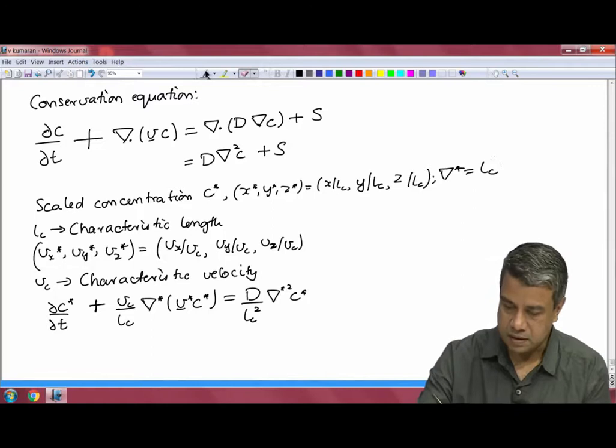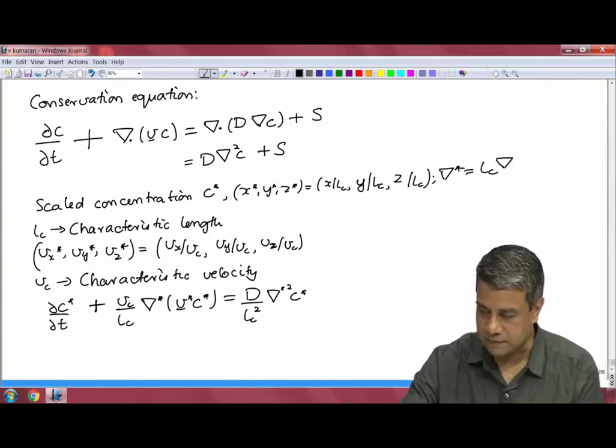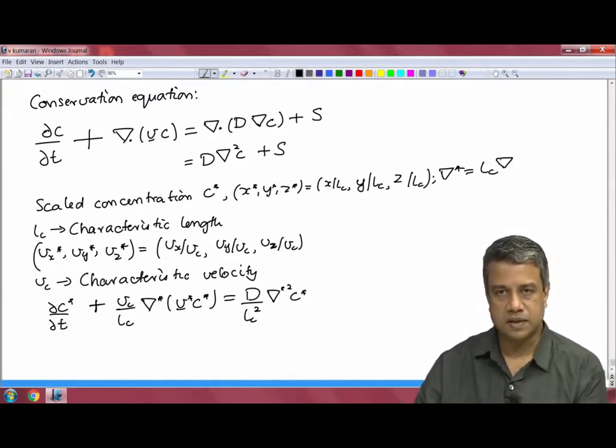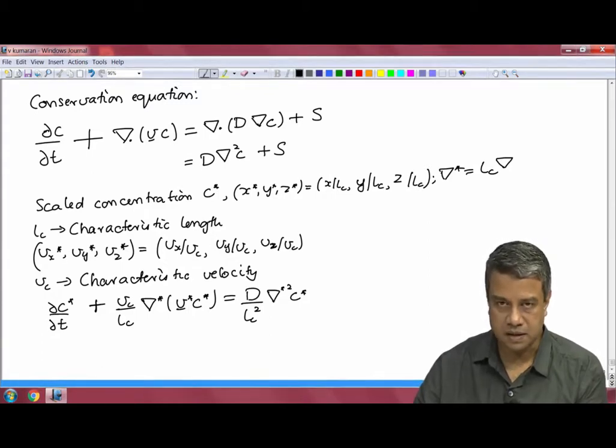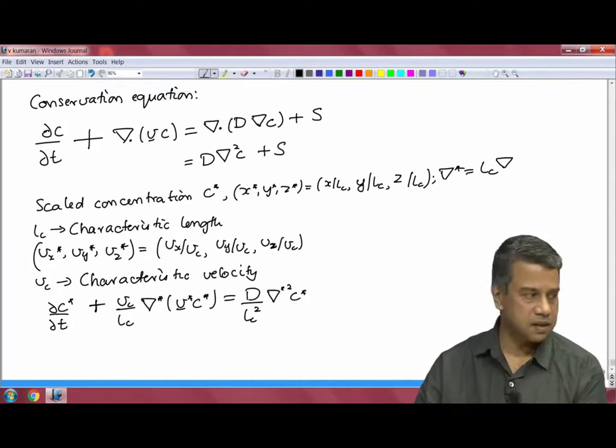Recall that the gradient operator has dimensions of length inverse, so you can write the scaled gradient operator as the characteristic length times the gradient.